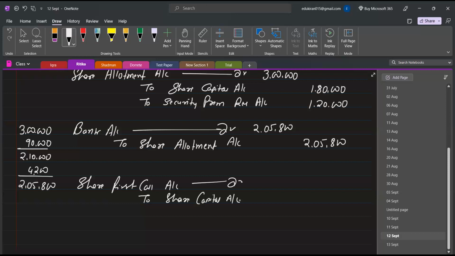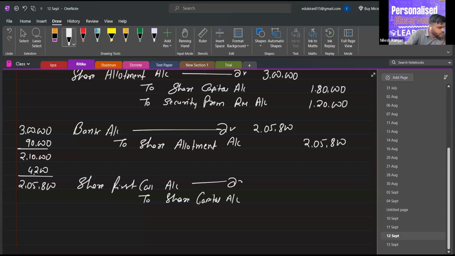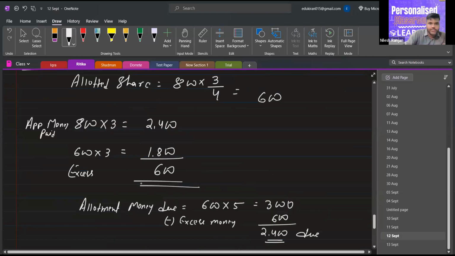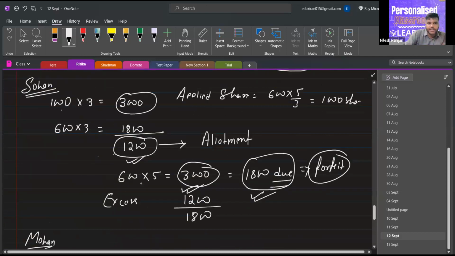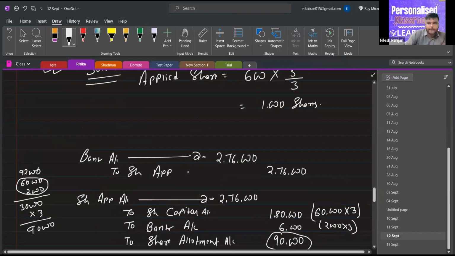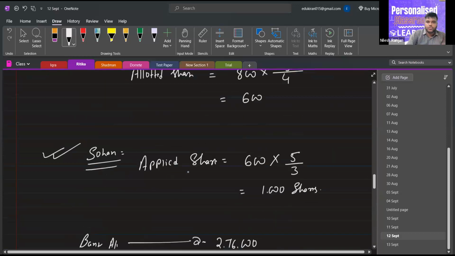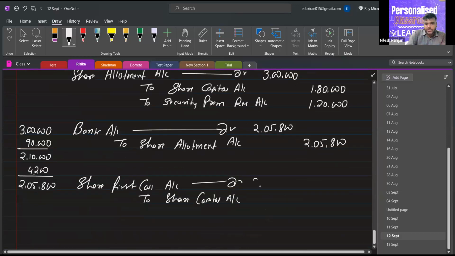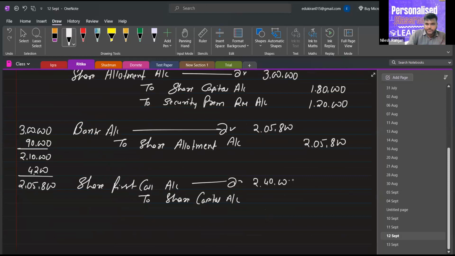Okay, sir. So 60,000 into how much is there? 5 rupees, 4 rupees, I think. Yes, 4 rupees. So 4 rupees, it is 2,40,000.